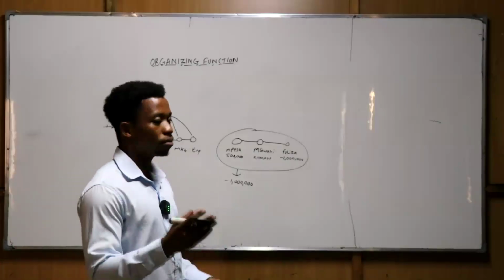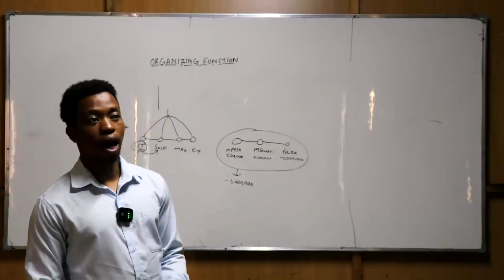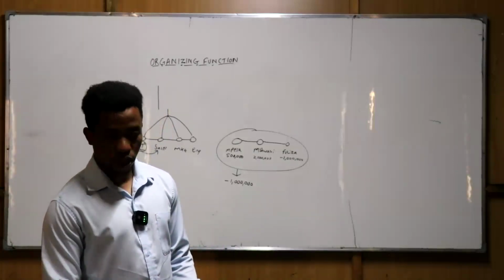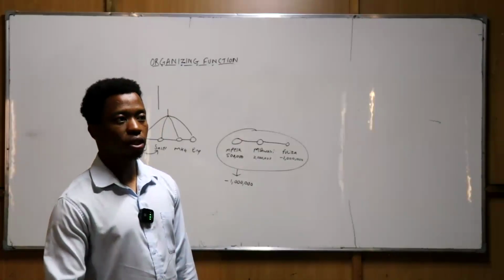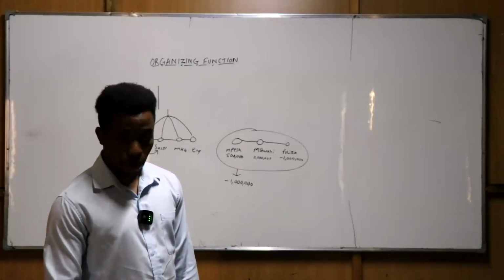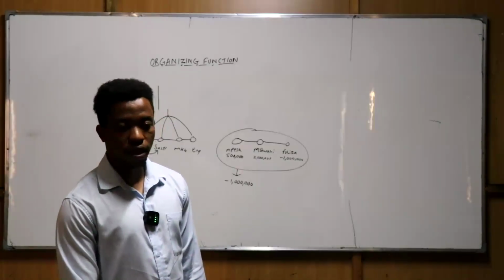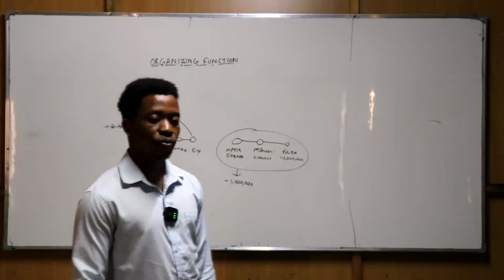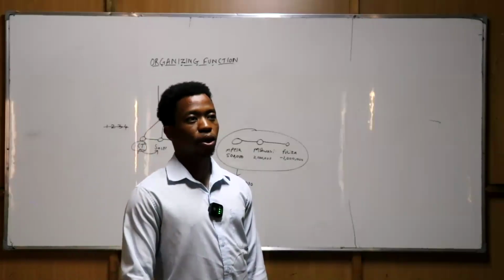So a good example of this will be a bank. We have different branches. So we have Equity Kiambu, Equity Nairobi, and you'll find that some of the products in Equity Nairobi are not in Equity Kiambu, or some of the products in Equity Kiambu. Let me give you a practical example, like KCB.